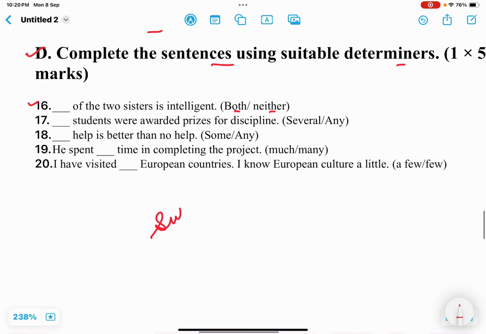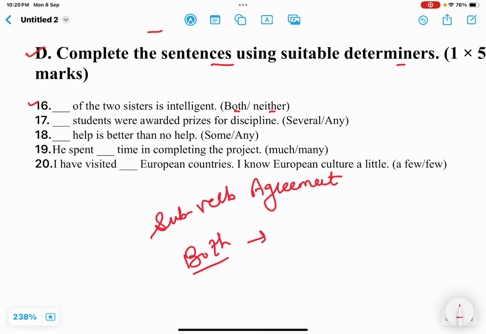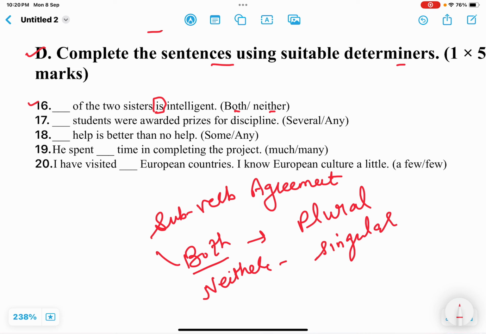Now subject verb agreement will also help us here. If you know about subject verb agreement, then you will remember that if we use both, then the subject is plural and a plural verb is to be used, but here the verb is singular, is. And if we use neither or either or each or every, then it is singular. So here both is not the correct answer.